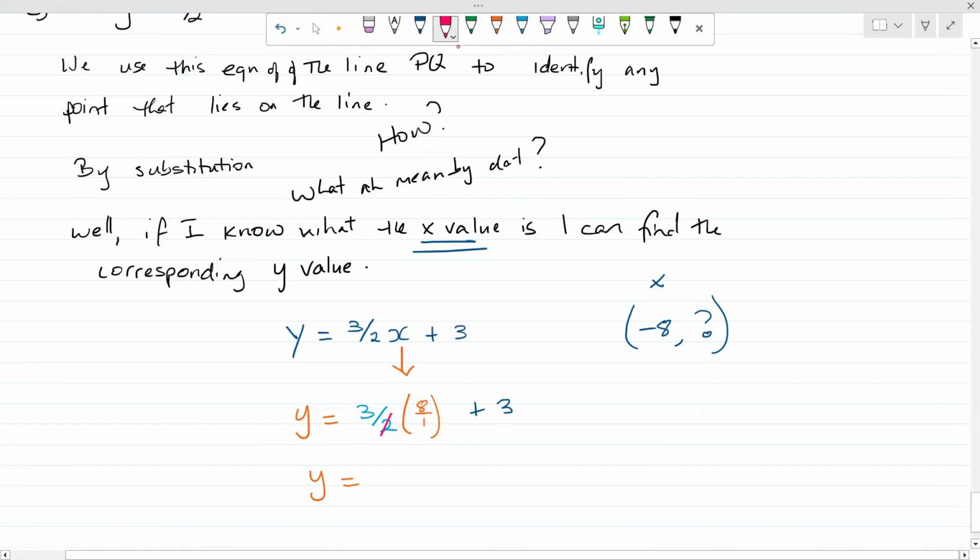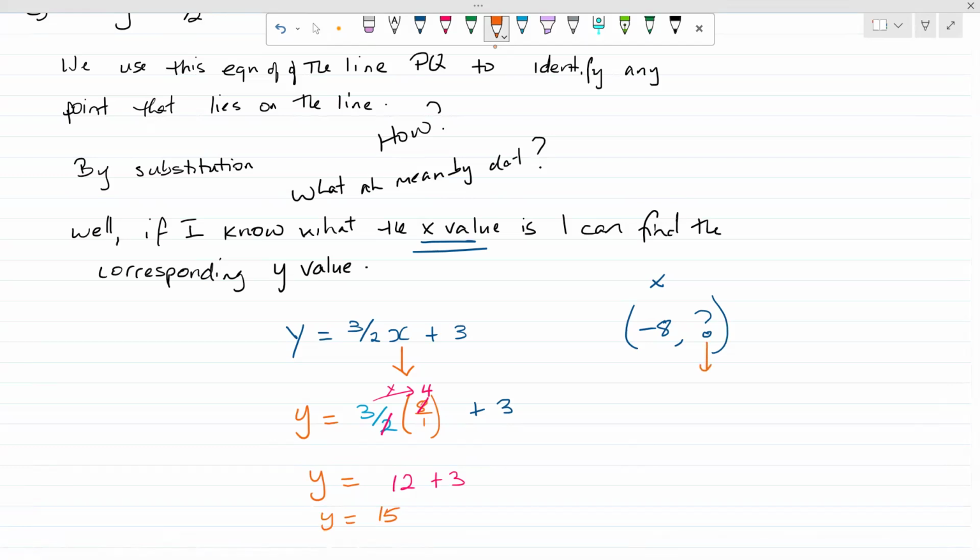If I cancel here, I'll get 4. 2 into 8 will be 4. 3 multiplied by 4 gives me 12 plus 3. Y is 15. So this value here is 15 when x is 8. So t is 15.